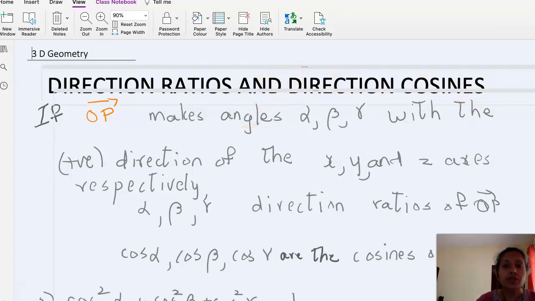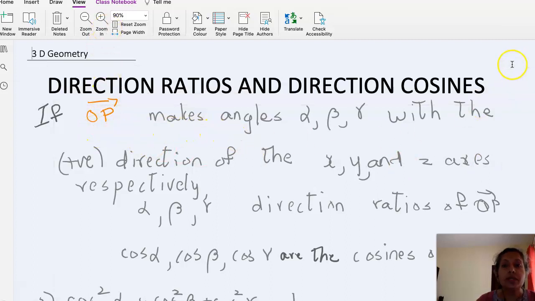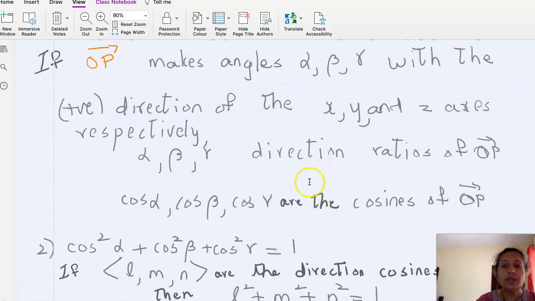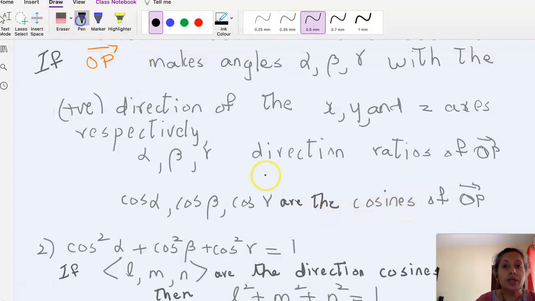So coming to direction ratios and direction cosines, you know that if a line makes angles alpha, beta, gamma with the positive direction of the x, y and z axis respectively, then cos alpha, cos beta, cos gamma are the direction cosines, and alpha, beta, gamma are called the direction ratios.